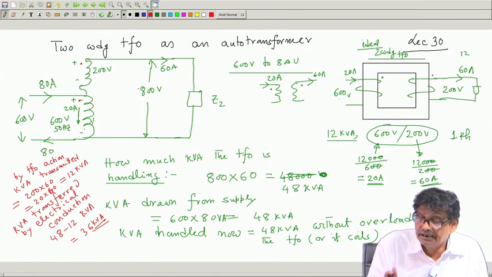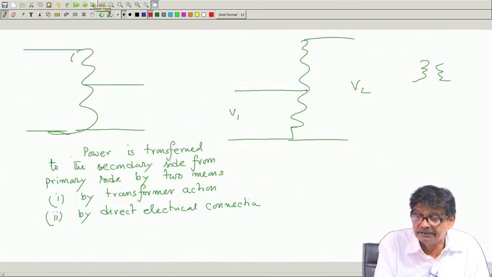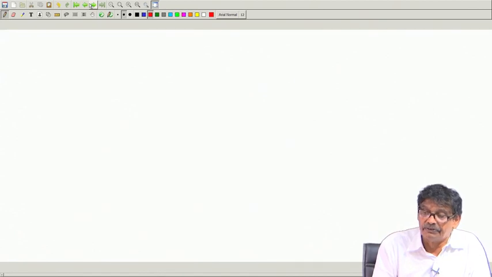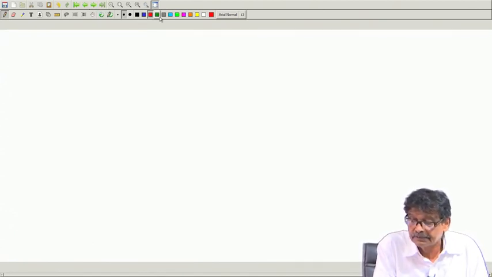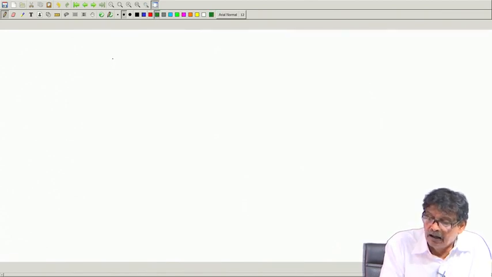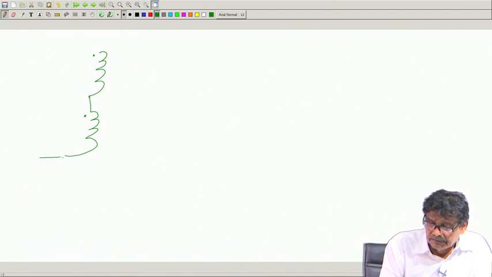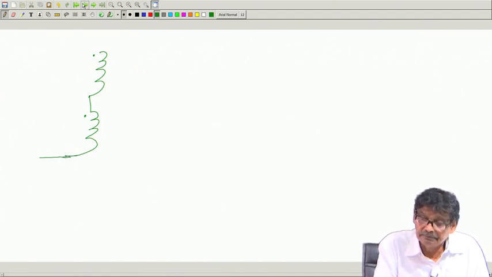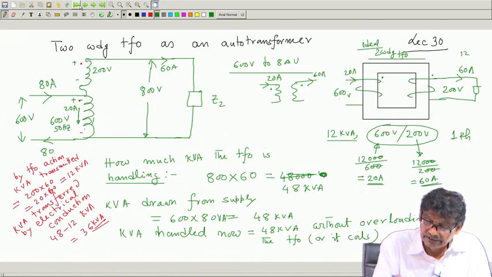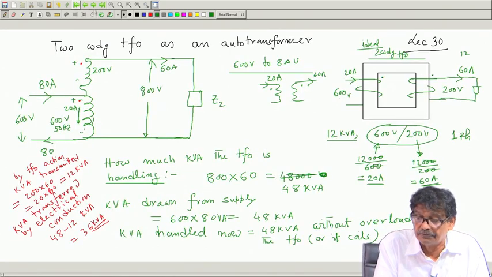For example, I will do the same problem so that you understand where we are going. Suppose these two coils, the same transformer, can be connected in different ways. What was the rating? One was 600 volt, another is 200 volt.